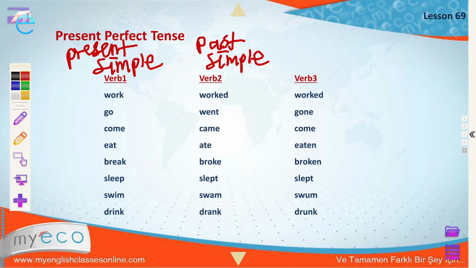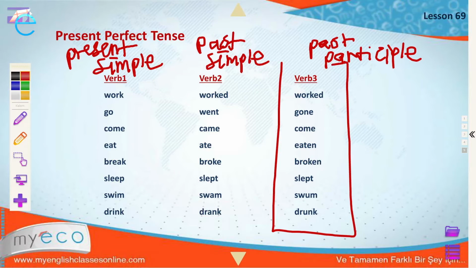And verb 3 is called the past participle. And for the present perfect tense, we use the past participle.